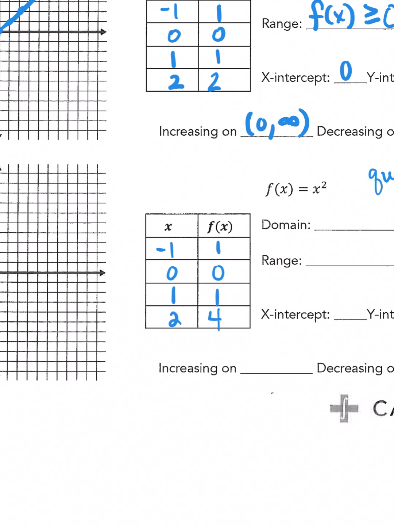So -1, 1, 0, 0, 1, 1, but now we go to 2, 4. We know what this looks like, don't we? And then 3, 9. Actually, I think it's 10. 1, 2, 3, 4, 5, 6, 7, 8, 9, and 9. Okay?